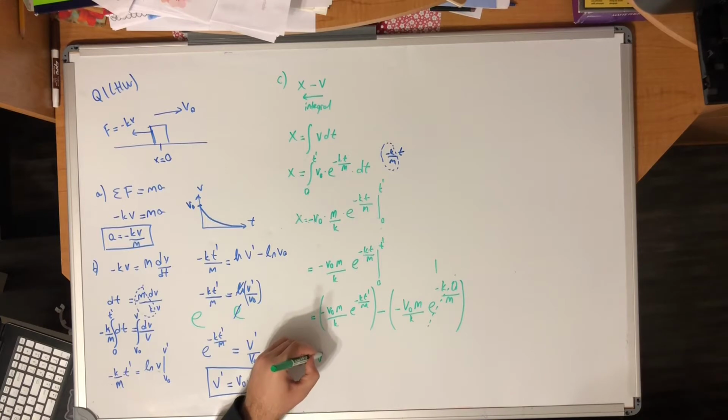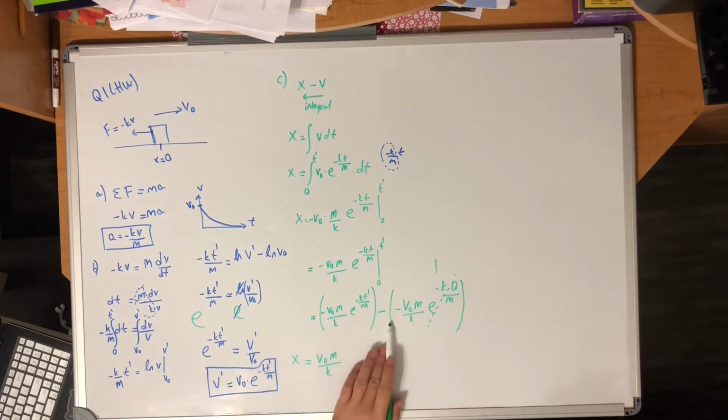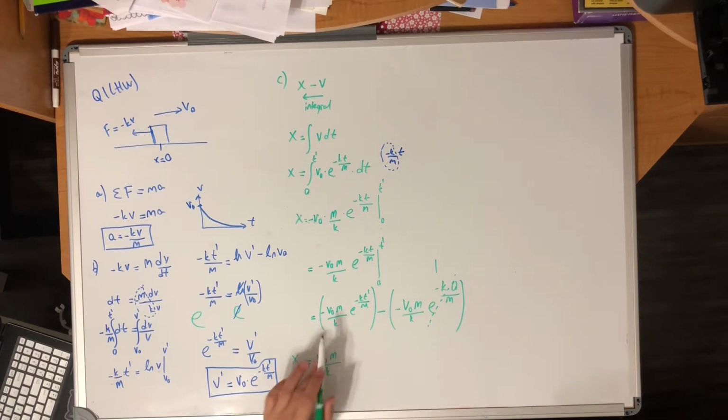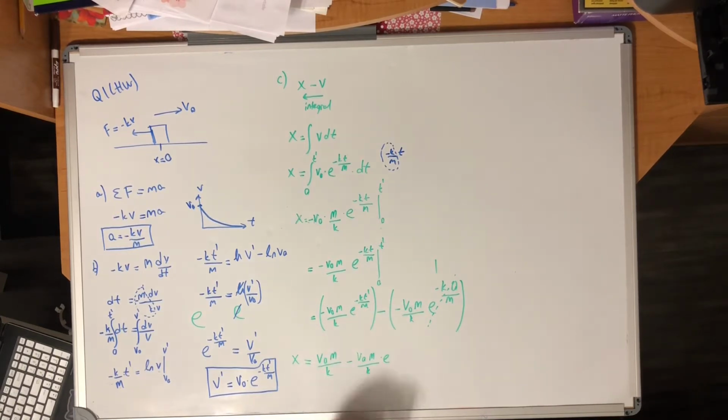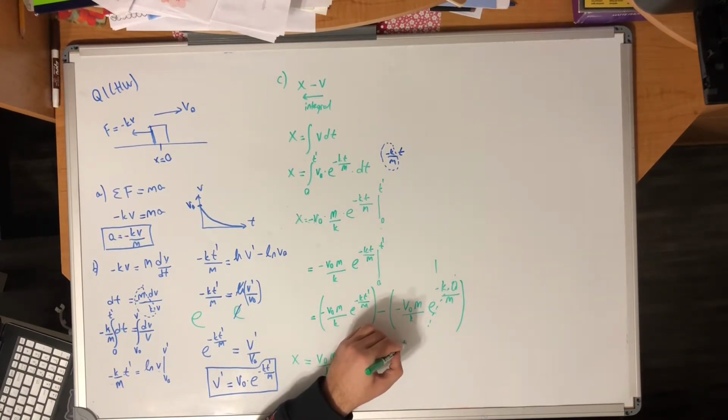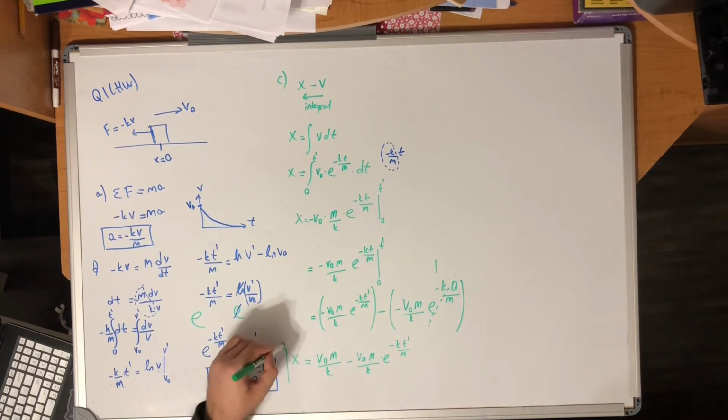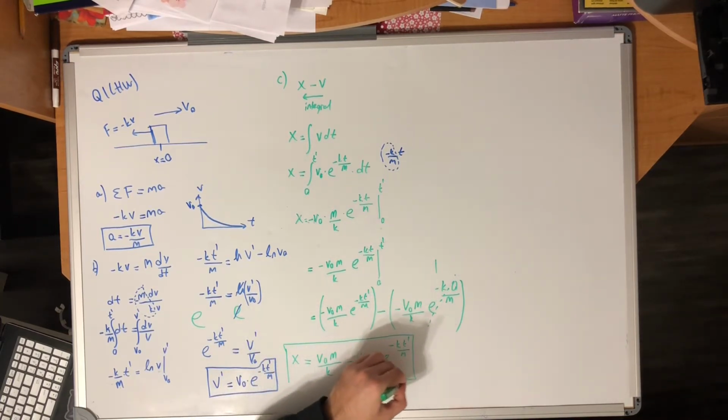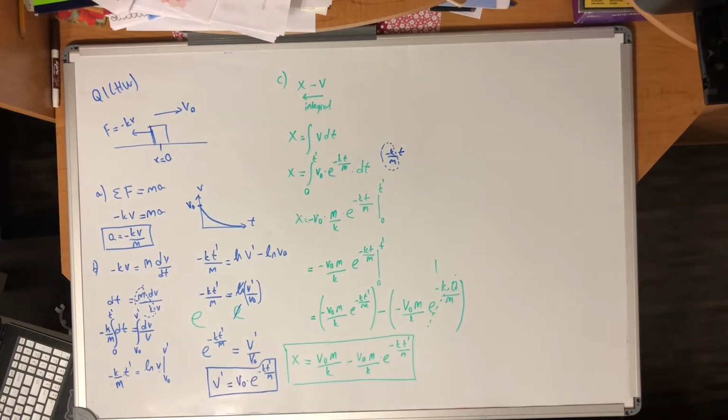So my function will become v0 m over k, this guy, positive, so I brought it to the front. And I have this negative right here, and then I will just write down the rest: v0 m over k times e to the power negative k t prime over m. So this is my position as a function of time.